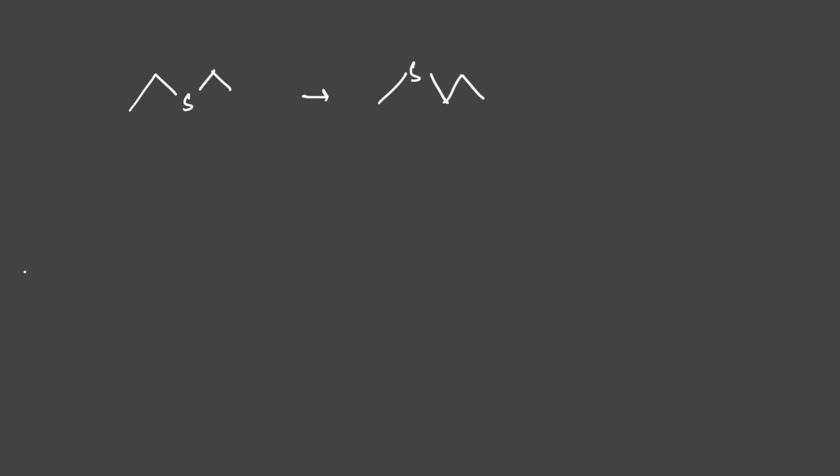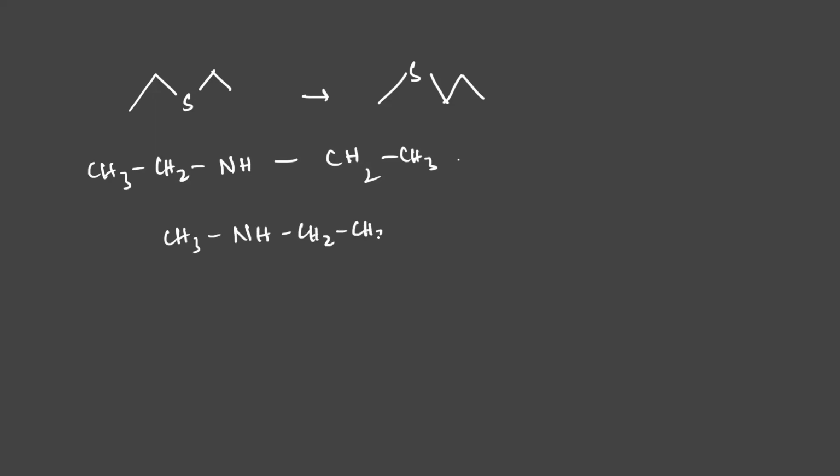In the case of amines, you can write CH3, CH2, NH, CH2 and CH3. This is diethylamine. And then you can change it like this: CH3, NH, CH2, CH2, CH3. So amines are also showing metamerism.